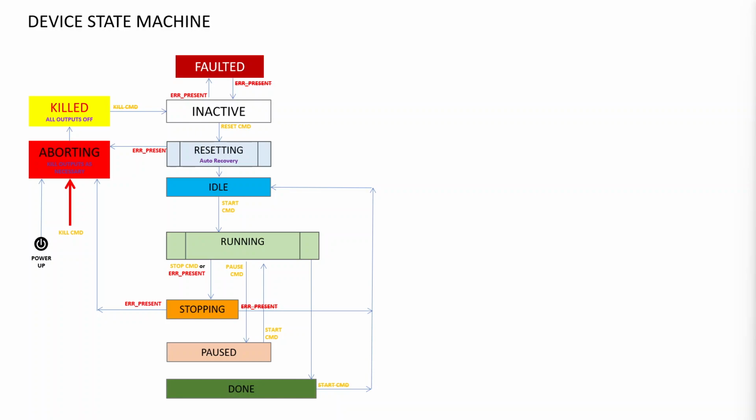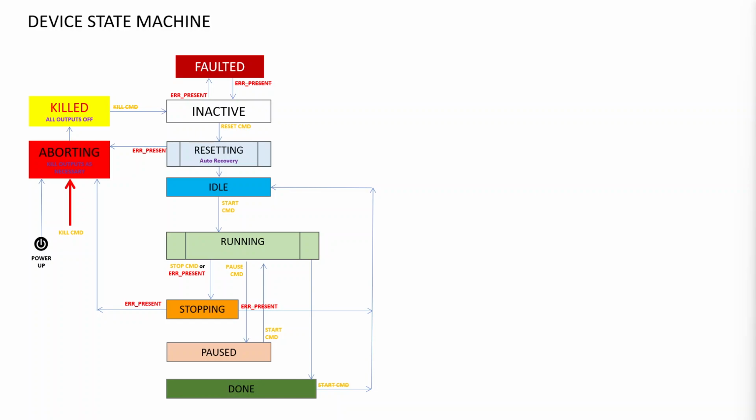In the motion control aspect, you would tell a robot to stop moving or tell a motor to stop moving in this transitional state, the stopping state. Once you have verified that everything has stopped or stopped processing, you transition back to idle.